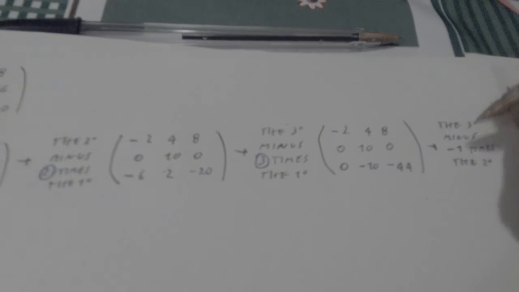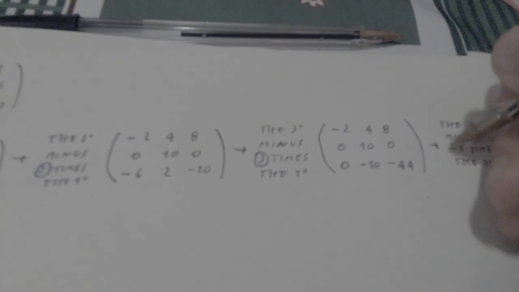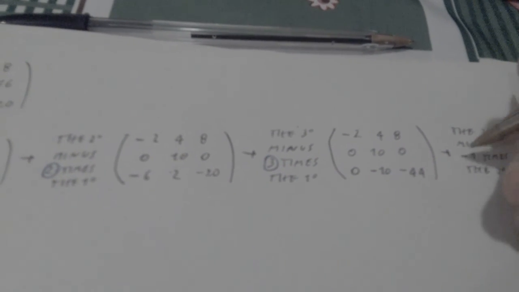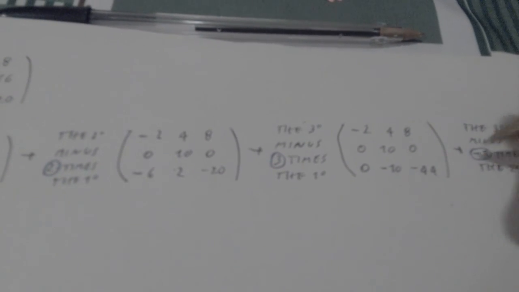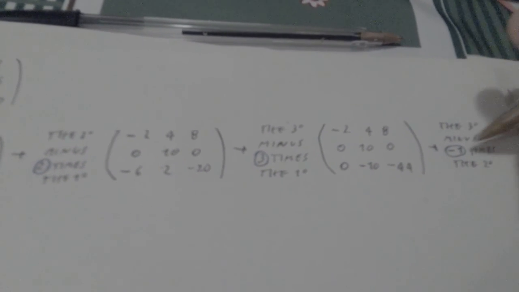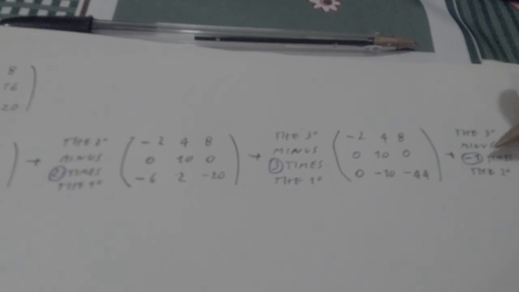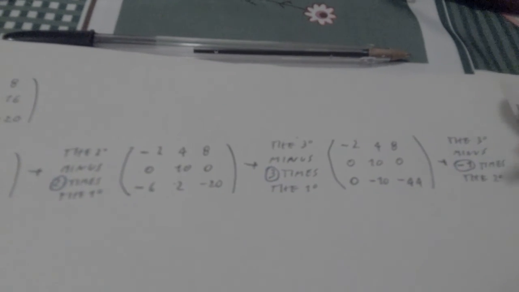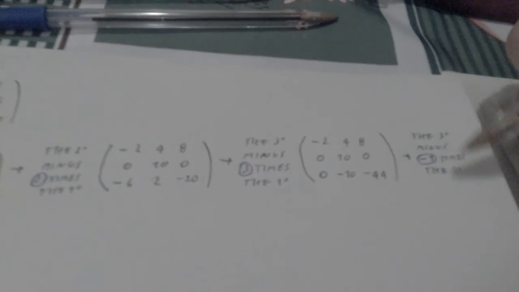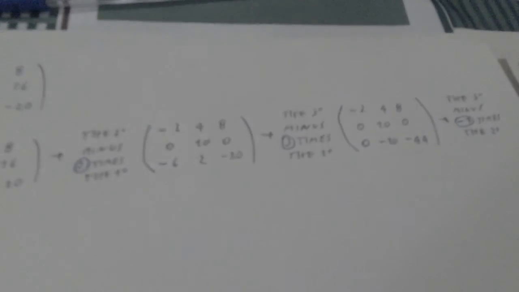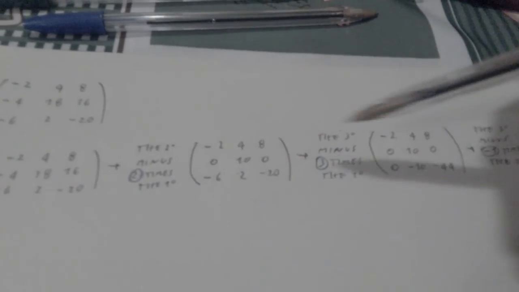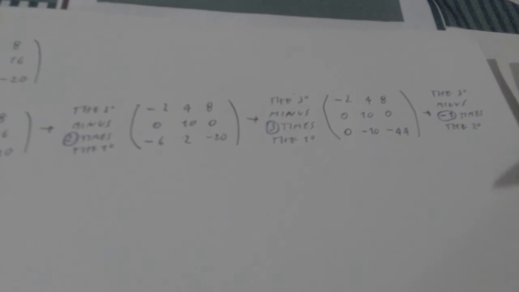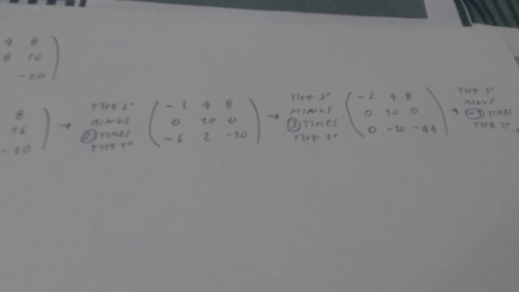You can just multiply and then do the minus later as we always do, but I think this way is a nice way to do it. So we're going to keep track of this -1. This time I'm going to do both of them at once, as I did in these other two occasions. So the third one minus -1 times the second one.